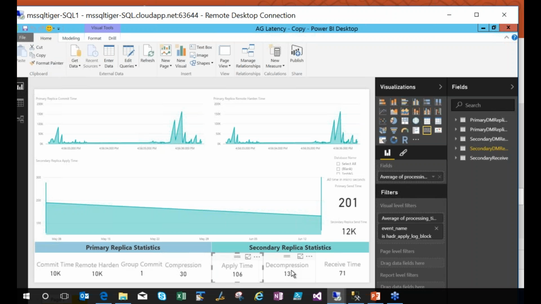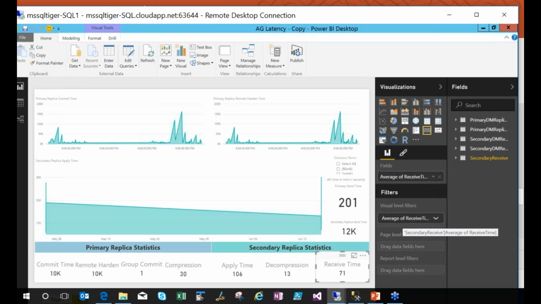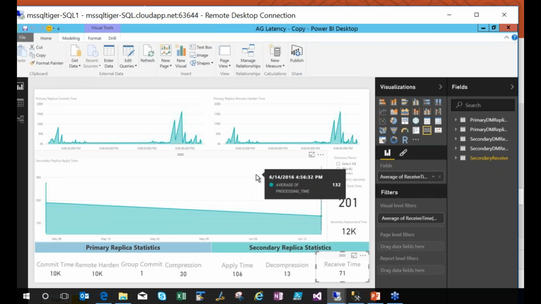And I'm only using a very specific set of events to build this entire picture. The decompression is tracked by hadr_log_block_decompression, and the receive time is tracked by the secondary receive time. So that's the data that's used to build this dashboard.